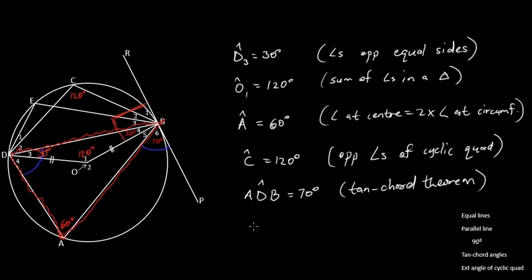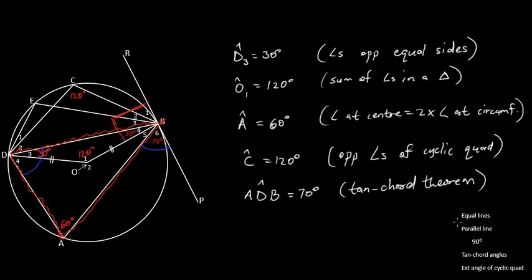And it always works, regardless of the allocated marks, regardless of how complicated the diagram might look, regardless of how hard the question is. One thing leads to another strategy always works. So please be sure to understand the strategy and apply the strategy.